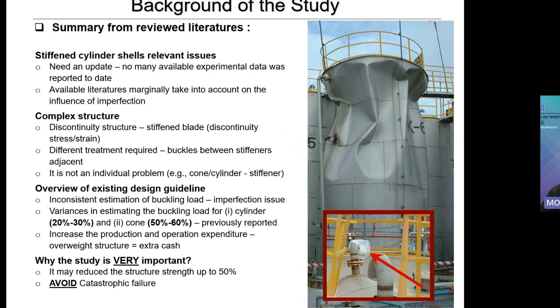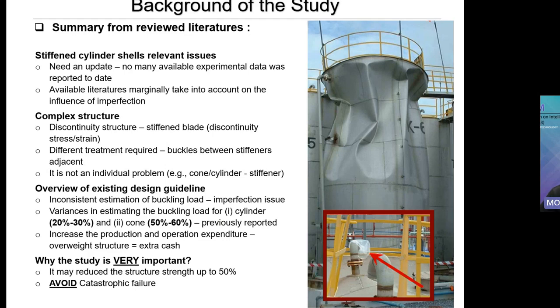So this is a bit of summary from the reviewed literature. Basically, for stiffened cylindrical shells, there are not many updates, and not many experimental data available up until recently. In previous literature, not many studies have accounted for the influence of imperfection.